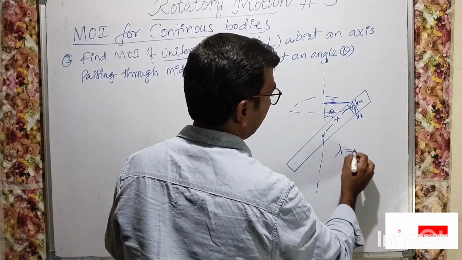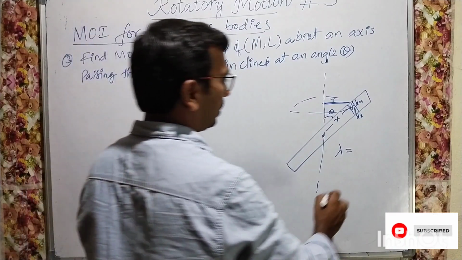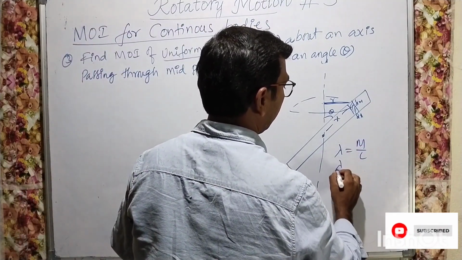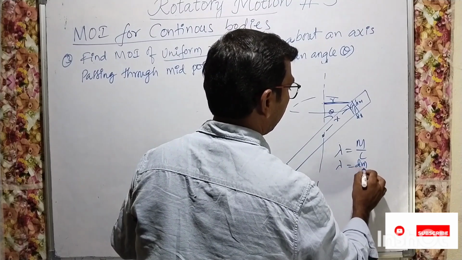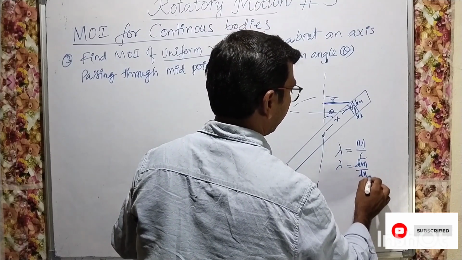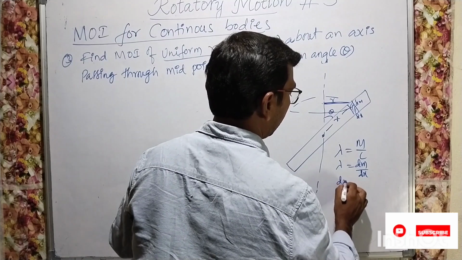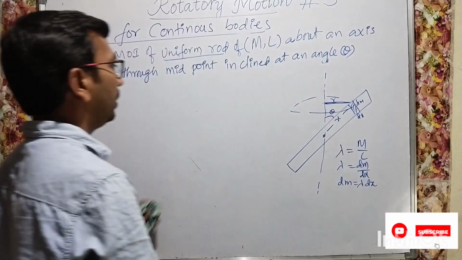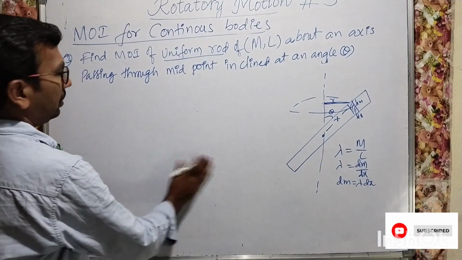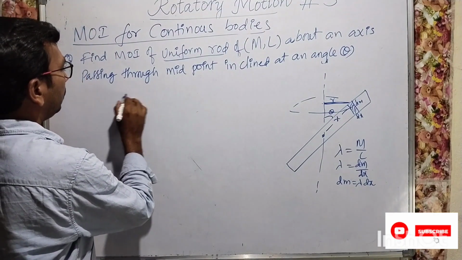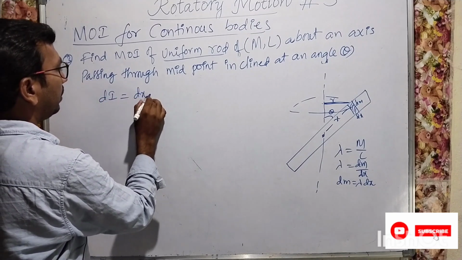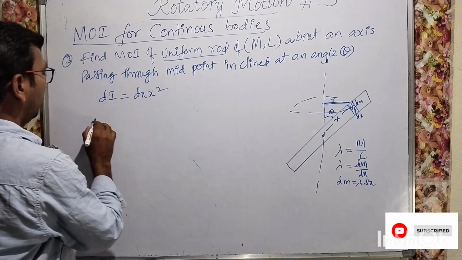Lambda is the linear mass density, total m by L, so for a small element that is dm by dx. So dm is equal to lambda dx. Here integrating the small element, dI is equal to dm x square.